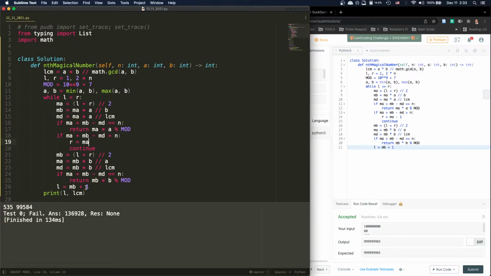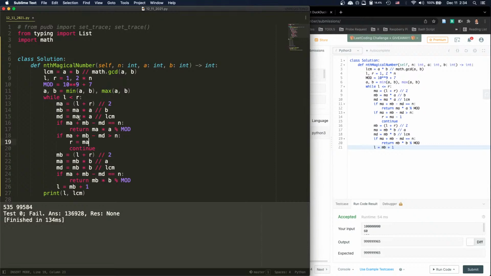Oh, come on. Think, man. Think. But we jump out because 534 is too big. No, 530. MA is 534, right? And the blah blah is no good.